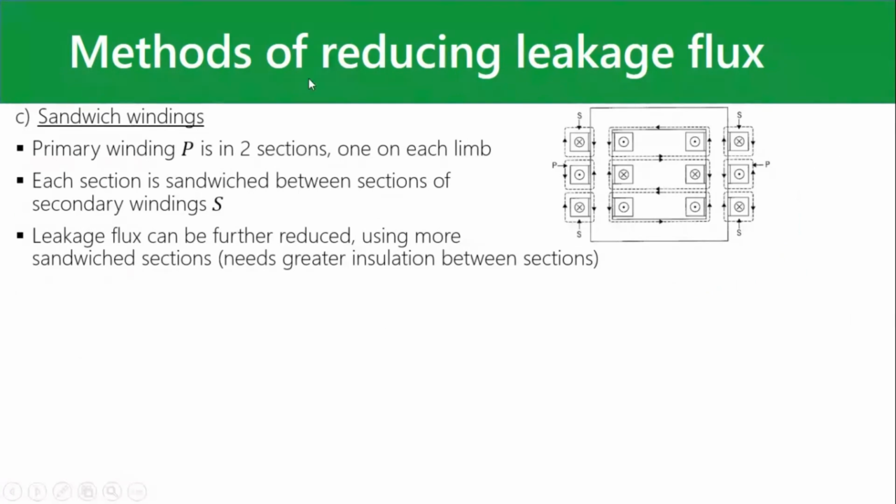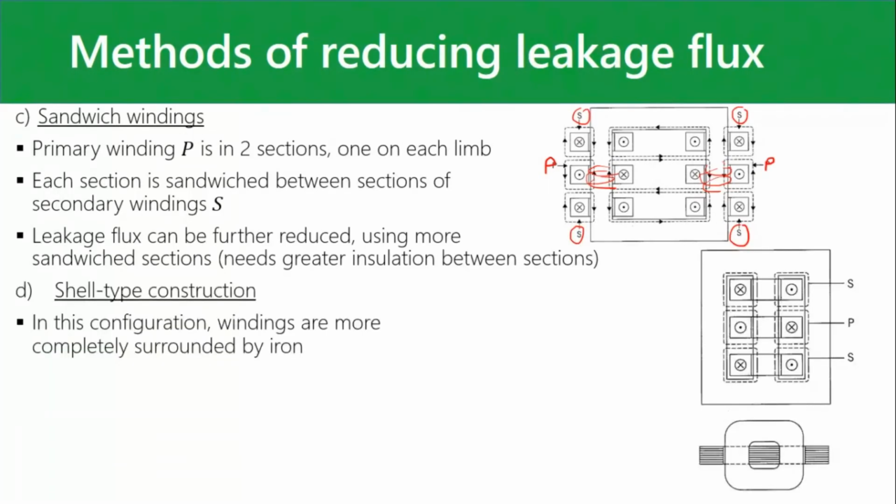Sandwich windings: the primary windings, you put them in two sections, one on each limb. So here's your primary windings. You wind them around here and here, and then you sandwich them in between the secondary windings. Or the last one, the shell type construction. This one always makes the most sense to me.